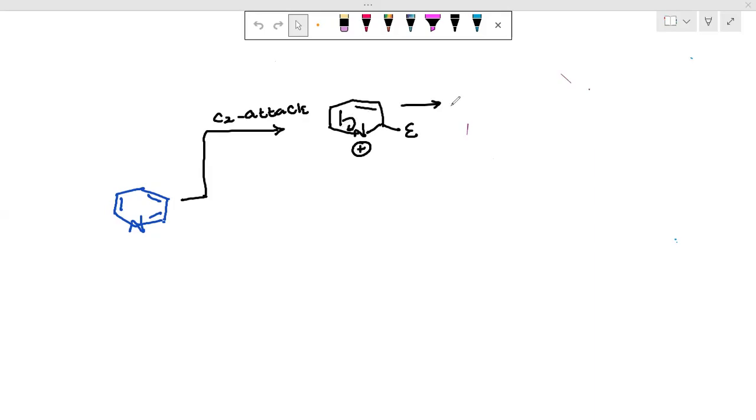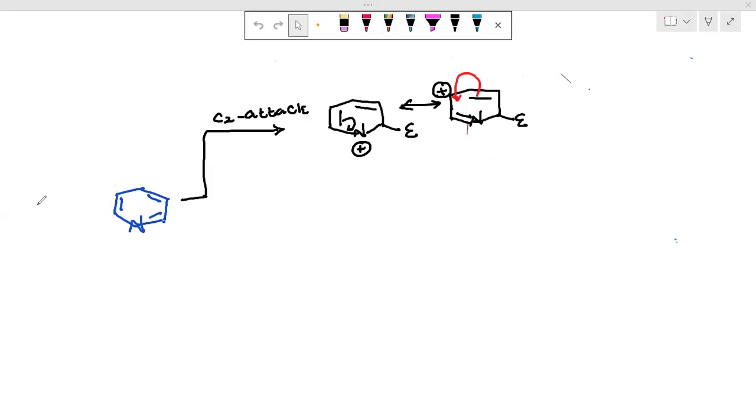In the first mechanism, the nitrogen, electrophile. Okay, this bond shifts here, and this bond is present here. Next, the positive charge is created on this carbon. To balance that, this bond is shifted towards here. This bond shifts here.